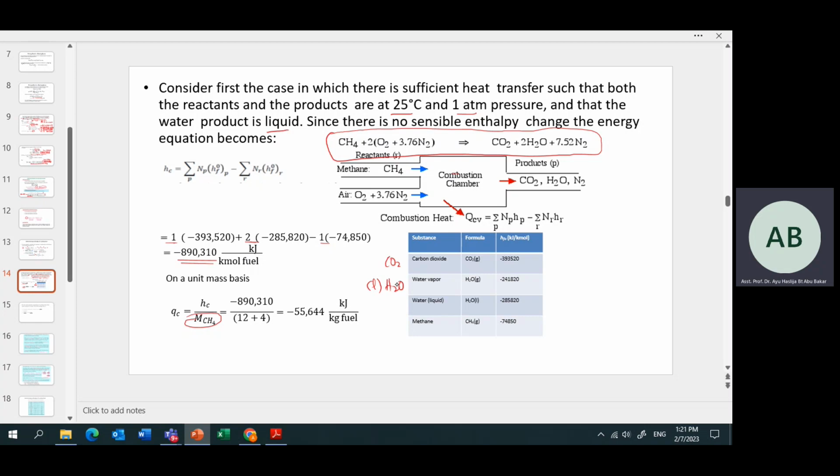Sorry, this one is vapor. Sorry, H2O in liquid and the methane. What else do you need over here? The components listed are CO2, H2O, CH4. What else do you need?